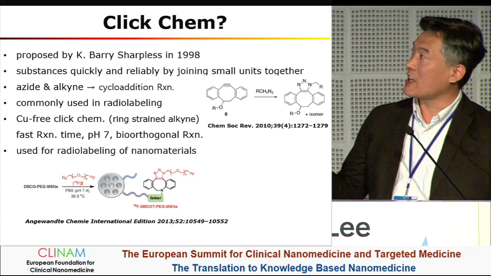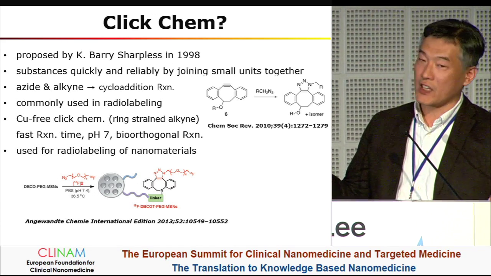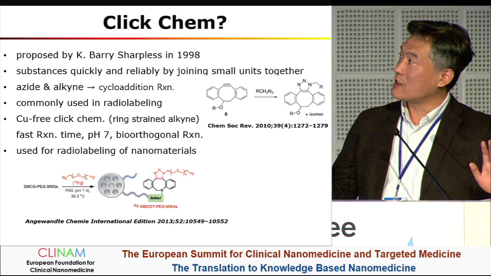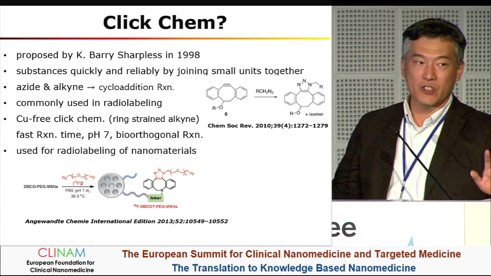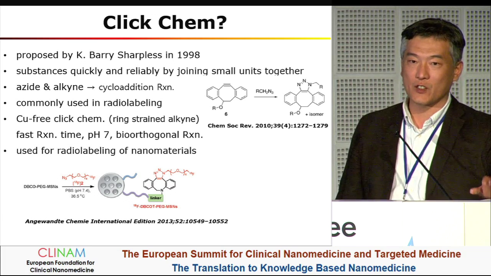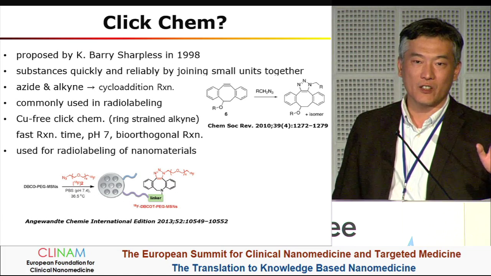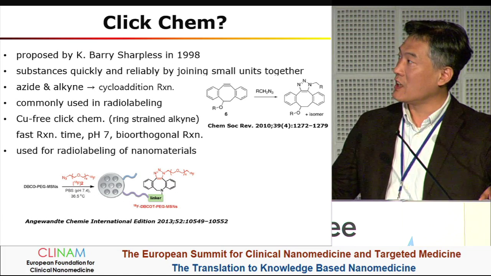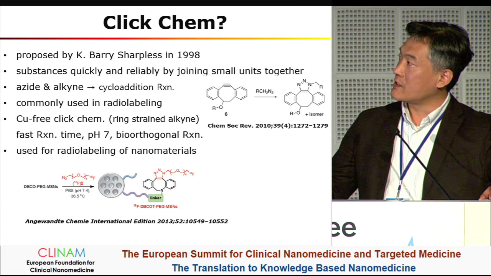Click chemistry was first proposed by Dr. Sharpless in 1998, and that old version of click chemistry should use copper as a catalyst, but copper-free click chemistry is without any kind of catalyst, just in DW or PBS, we can click these kinds of molecules.